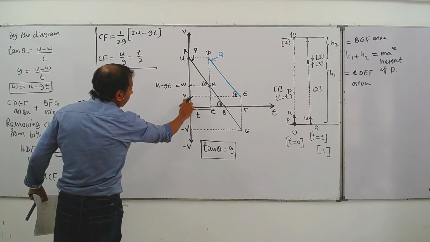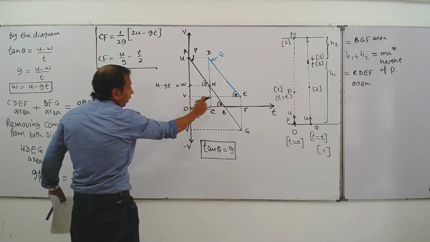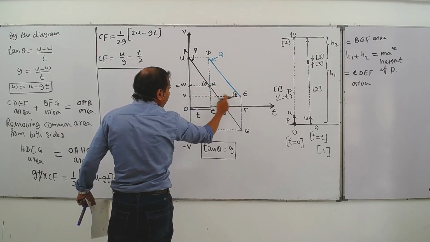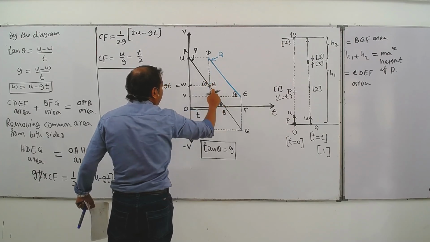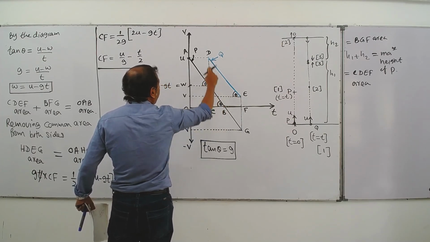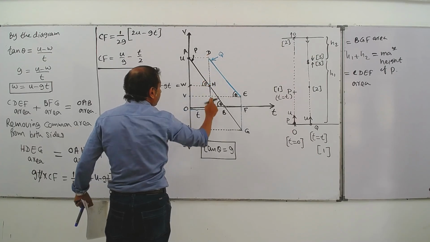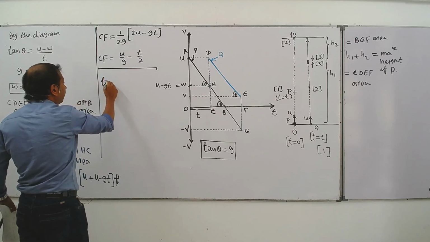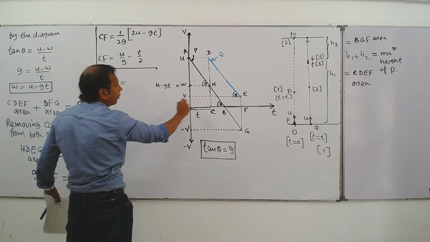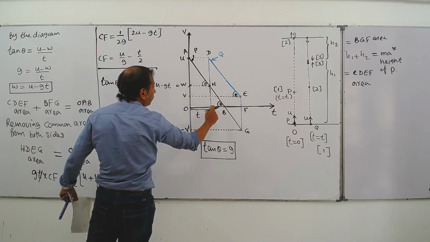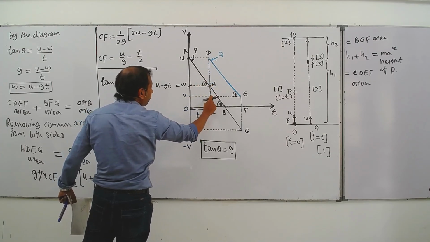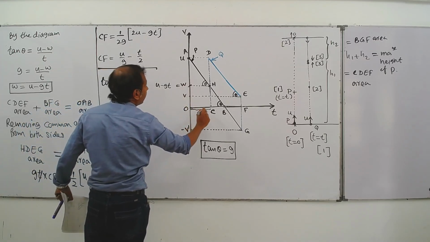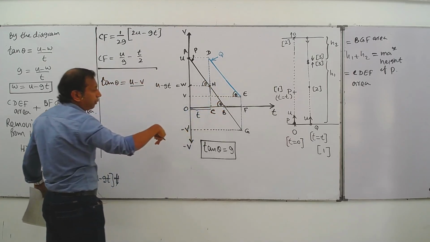This V I can write applying the tan theta ratio. Tan theta means this side divided by this side. This side is going to be the whole height U, from here to here V, so U minus V, divided by the CF time.